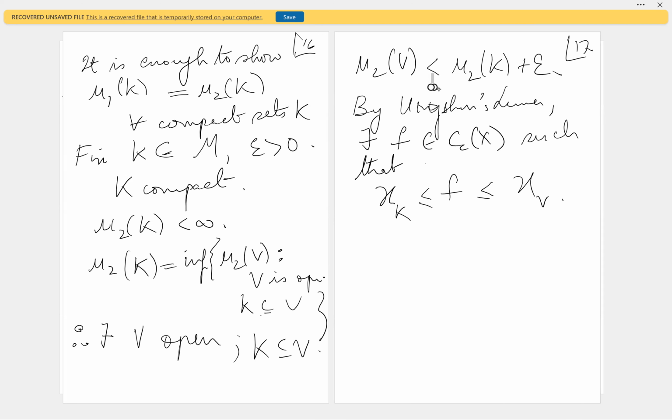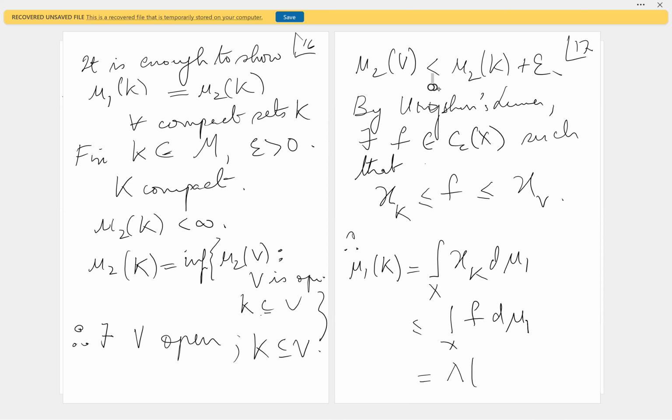Therefore, mu1(K) is at most the integral of f, and these are the properties of the integral we know very well now. But this is nothing but the linear functional at f.